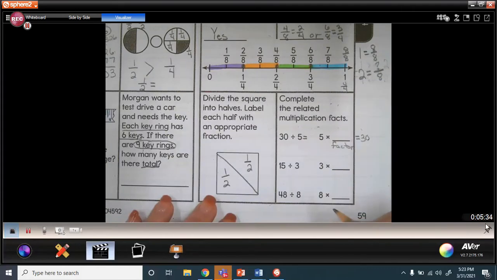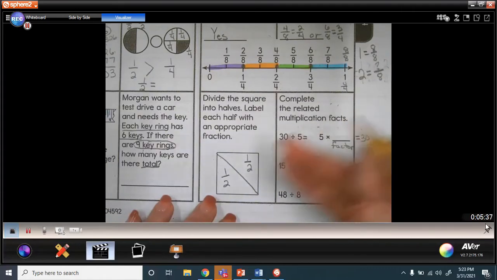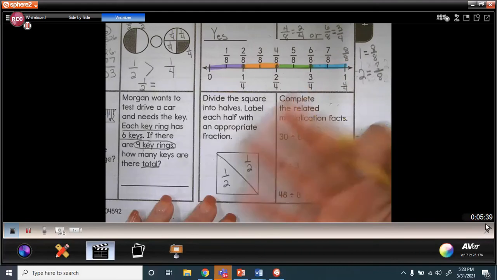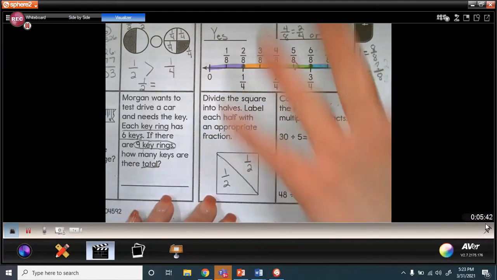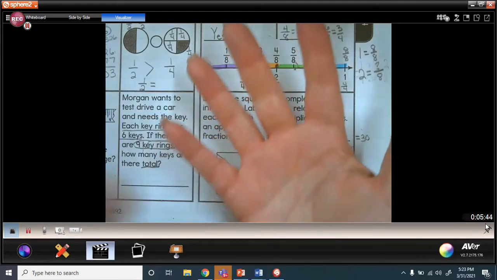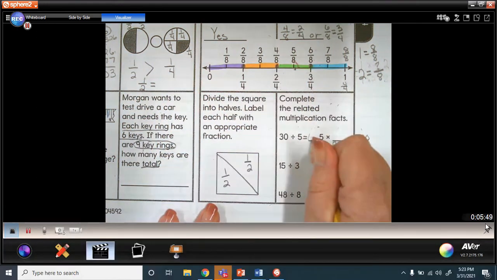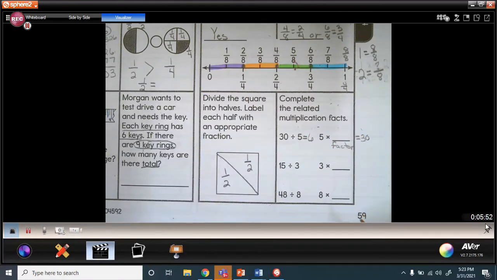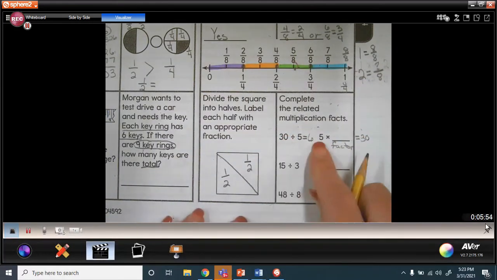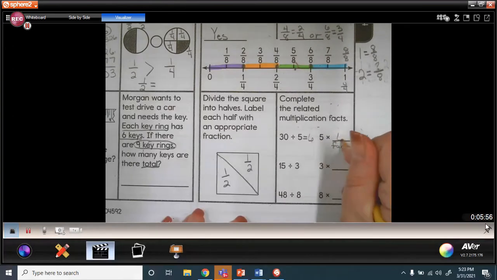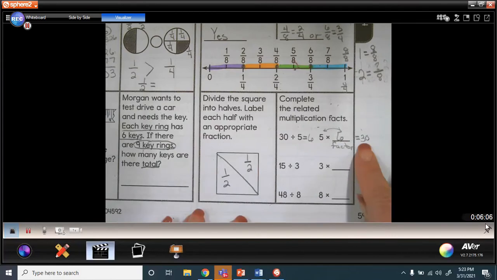Well, if I count by 5s, 5, 10, 15, 20, 25, and one more makes 30. So 6 groups of 5 would give me 30. Now, I can use the order property, switching the factors, to show that 5 groups of 6 is the same as 6 groups of 5, which is going to give me 30.